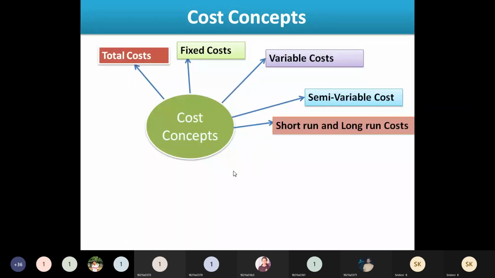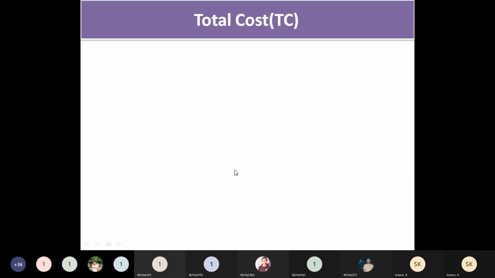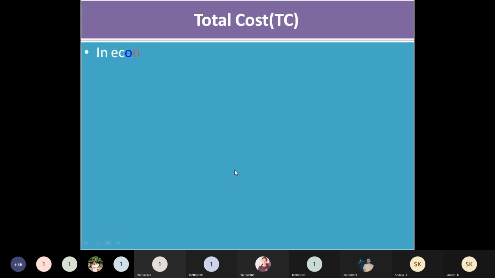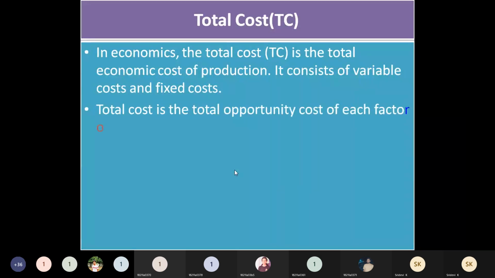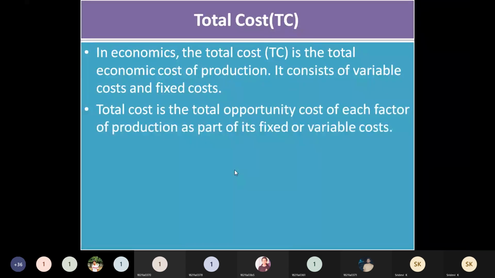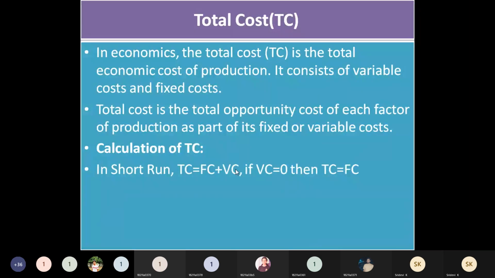And next comes total cost. Total cost also you can divide into short run total cost and long run total cost. While discussing the short run and the long run, we said total cost is equal to fixed cost plus variable cost. So in the short run, TC is equal to fixed cost plus variable cost.